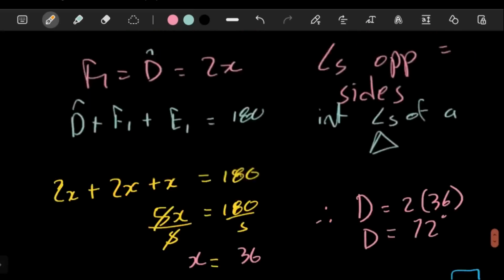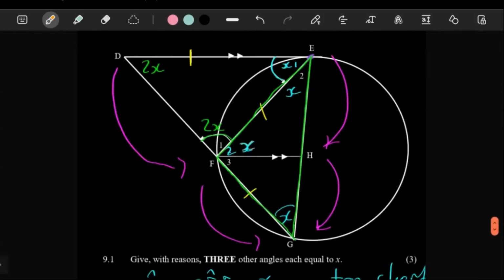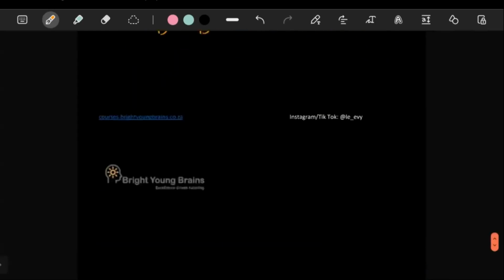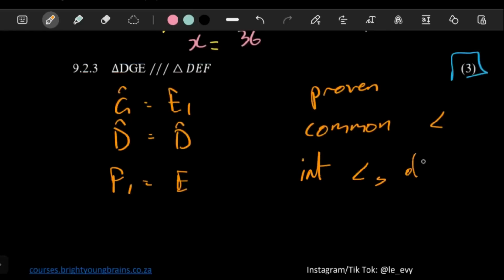So you've shown that two pairs of angles are equal. The third pair you can say is equal because of the interior angles of a triangle. So we used E, we used D. Now we can just say F1 is equal to the whole of angle E, by interior angles of a triangle.